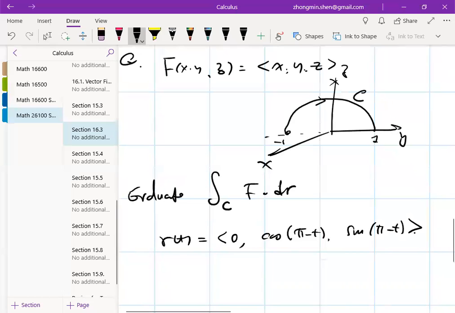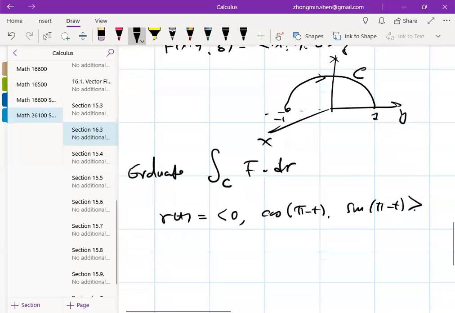That's right, it's clockwise. So you can see that when t equals 0, you get 0, -1, and 0. Okay, and when t equals pi, you get 0, 1, and 0. Okay. So you have the starting point and endpoint.